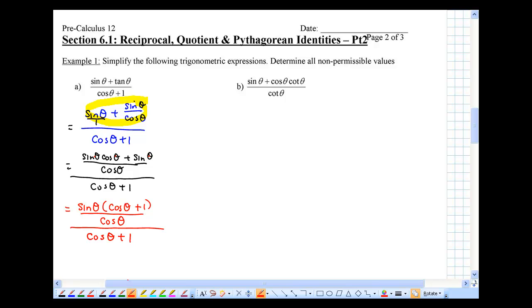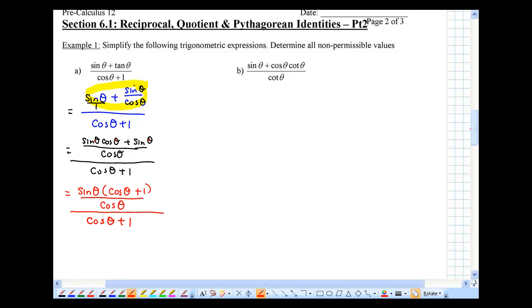Now, this might be a little bit more helpful because now I'm thinking, hey, that big bar here is division. So I'm going to take that fraction. Sine theta bracket cos theta plus 1 all over cos theta. This is dividing by cos theta plus 1. Now, dividing is the same thing as multiplying, right?